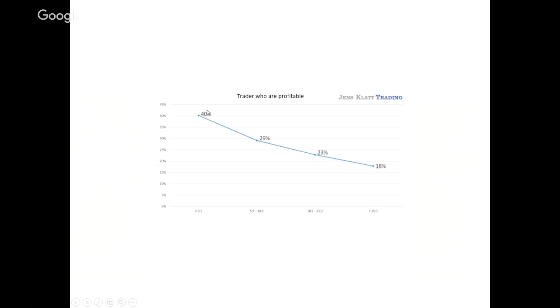What does it mean? It means that during the analyzed time span, in 80% of the cases, only 18% of the traders here were profitable when trading with an effective leverage bigger than 21 to 1.